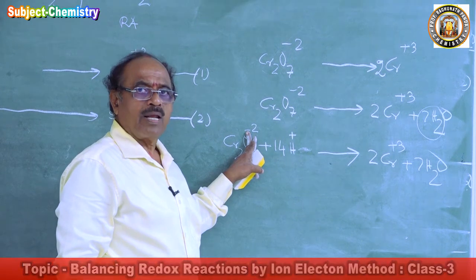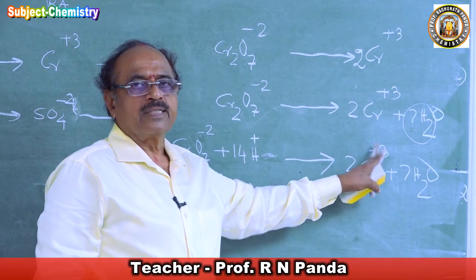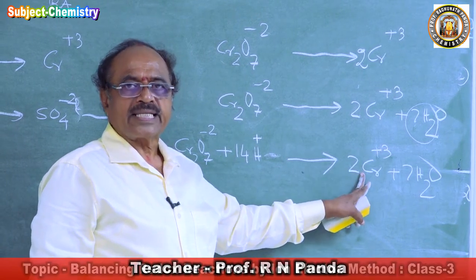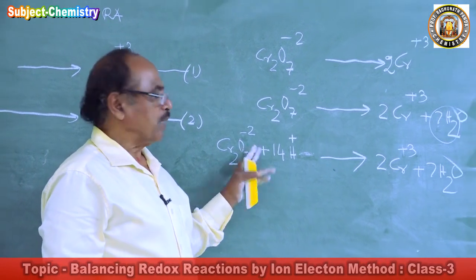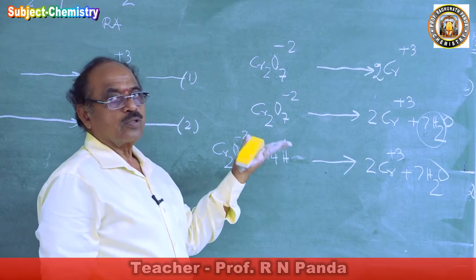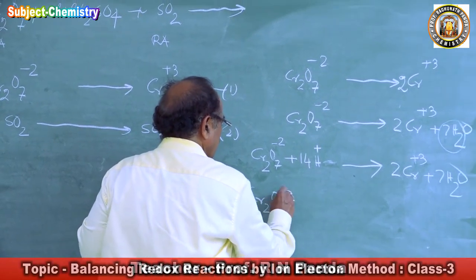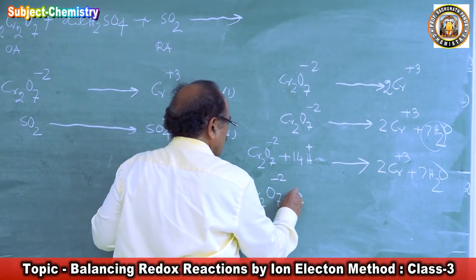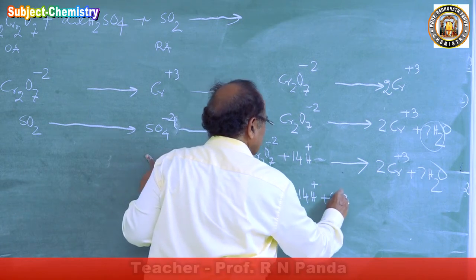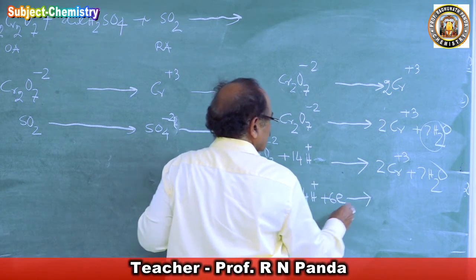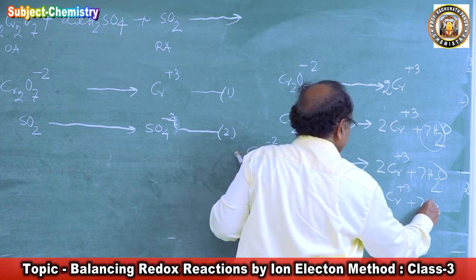Right side: 2 Cr plus 3, plus 3 into 2, 6 positive. So we have to add 6 electrons on the left side to balance the charges. So we get Cr2O7 minus 2 plus 14 H plus plus 6 e gives us 2 Cr plus 3 plus 7 water.